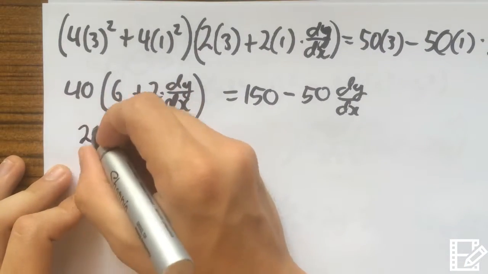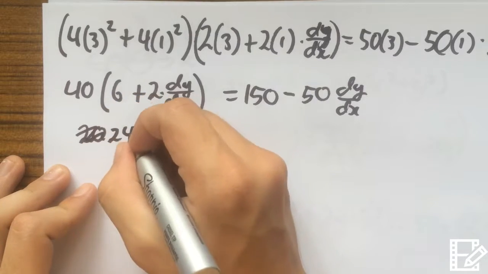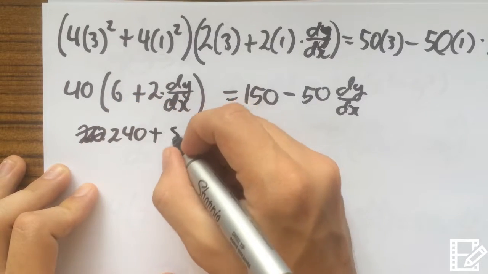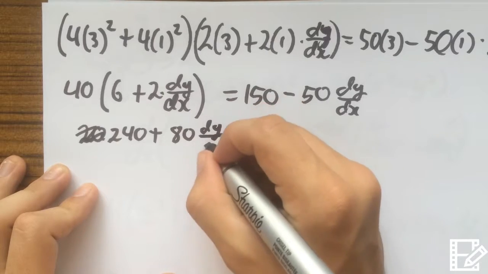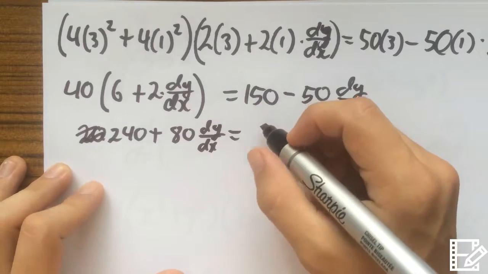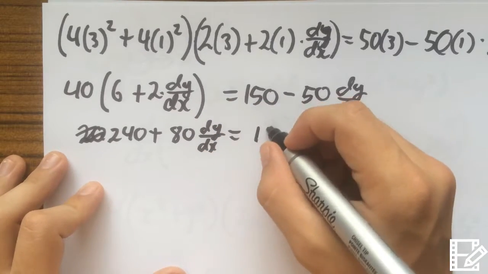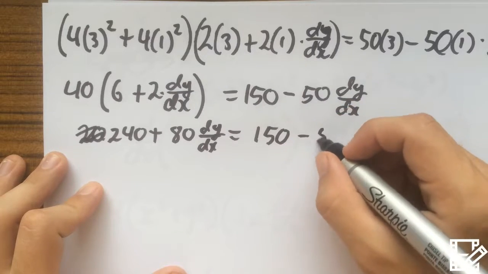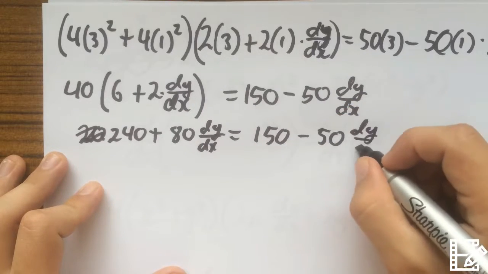Expand this out further, we're going to have 240 plus 80 dy/dx equals, it's just going to still be 150 minus 50 dy/dx.